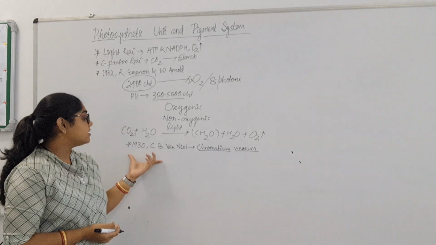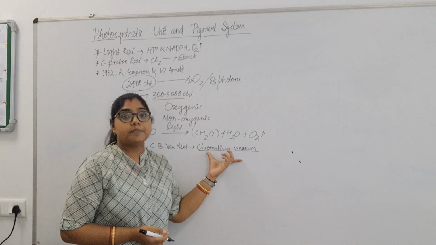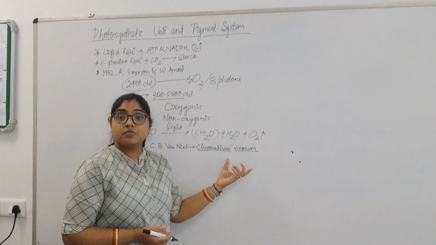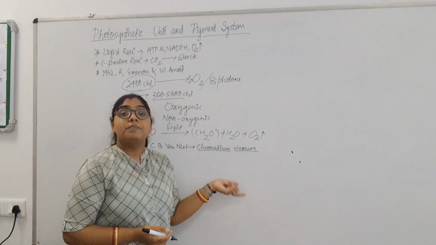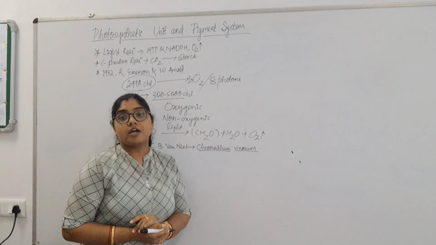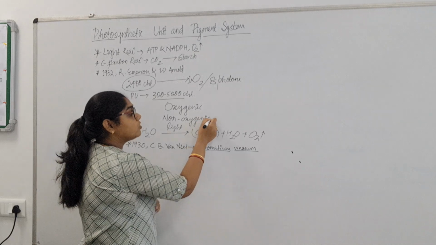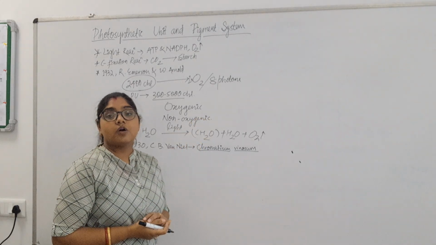So this is an example of a non-oxygenic photosynthetic organism.